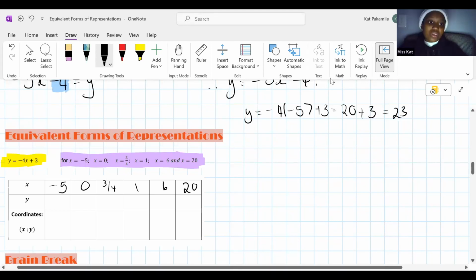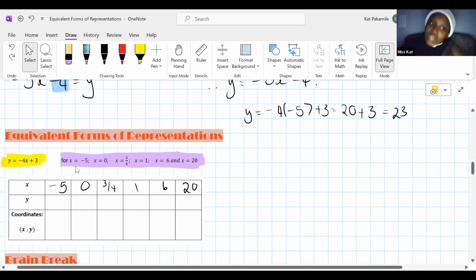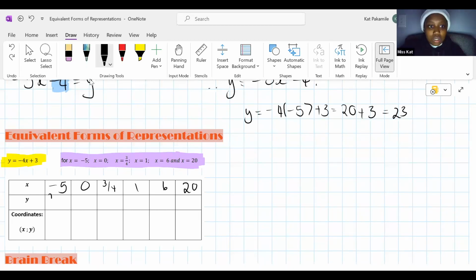See, guys, if you don't need a calculator, don't use it. People who've been with me long enough know I'm allergic to calculators. Today I took allergy medication so that you guys can at least use calculators a little bit. But if you don't need them, don't use them. Next input, 0. What's my output?